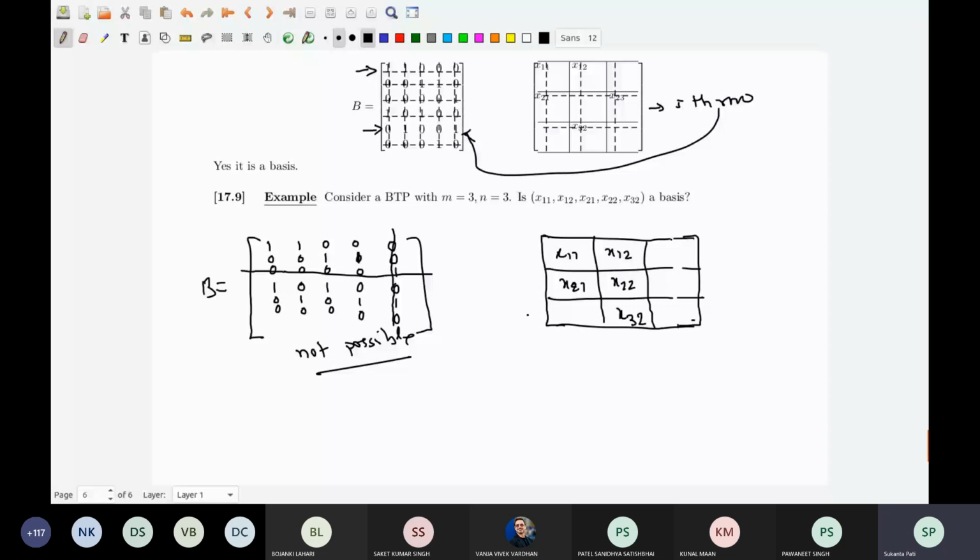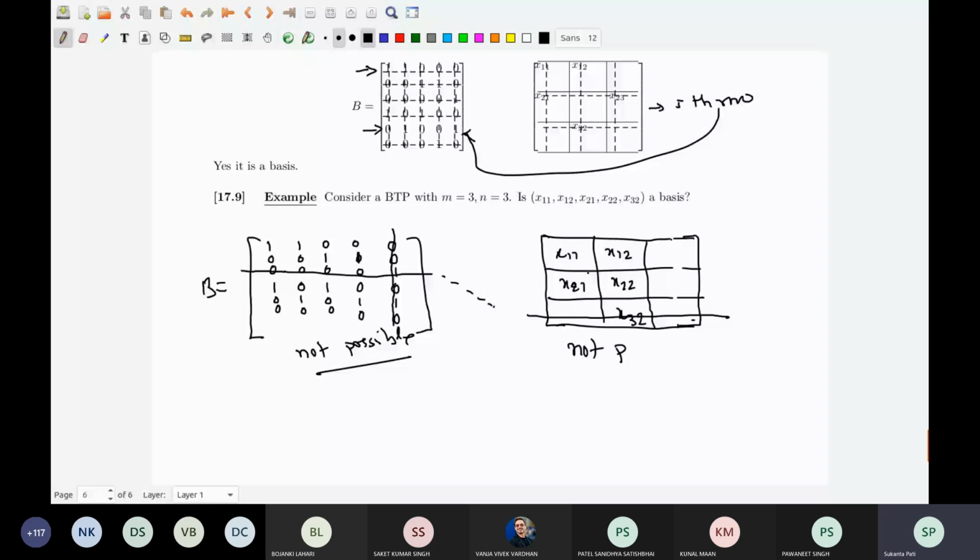After that, I should also find a line that contains exactly one unstruck highlighted variable, but I am unable to find that. Any line you take, row 1 or row 2, or any column you take, column 1, 2, or 3, either contains two unstruck variables or zero unstruck variables. So it is not possible.